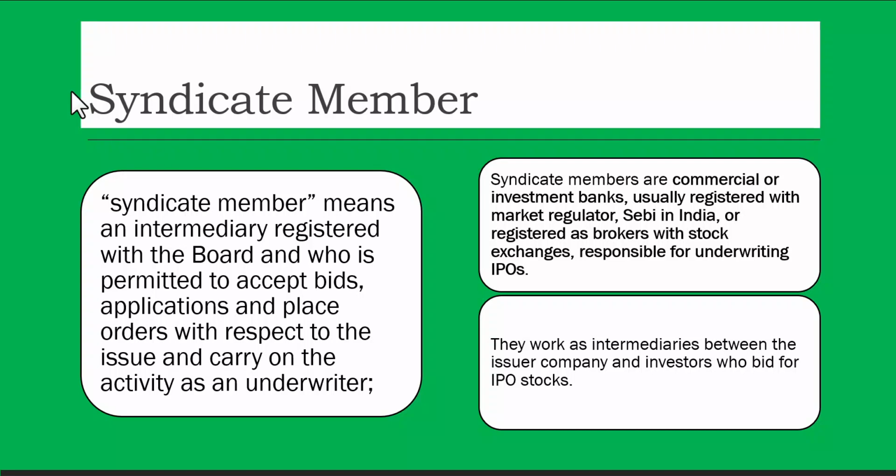So basically, syndicate members are nothing but branches, banks. Along with the lead manager, merchant bankers, they can also participate in underwriting. But their main job is to collect the bids, and help in the process of an IPO along with the merchant bankers.